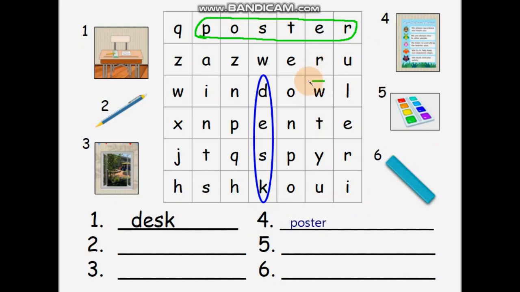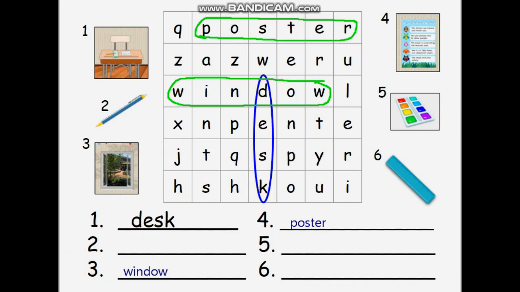Look, what is there? A window is there. Where is a window? Here it is. Number 3 is a window. Let's write number 3. Let's write window.